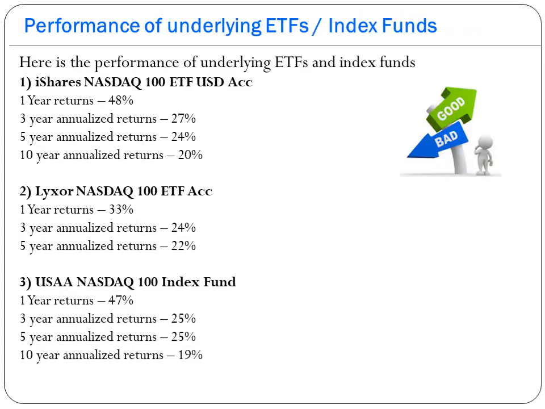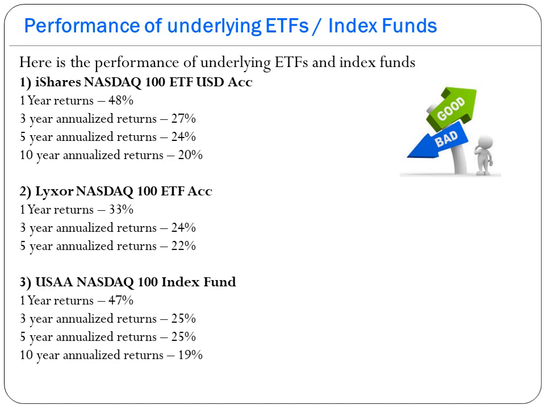Now this scheme is going to invest in some ETFs and index funds. Let us see the past performance of these ETFs and index funds. If you see the first one, iShares NASDAQ 100 ETF USD ACC, there is a 1 year return of 48%, and 3 to 10 years is ranging between 20 to 27% annualized returns.